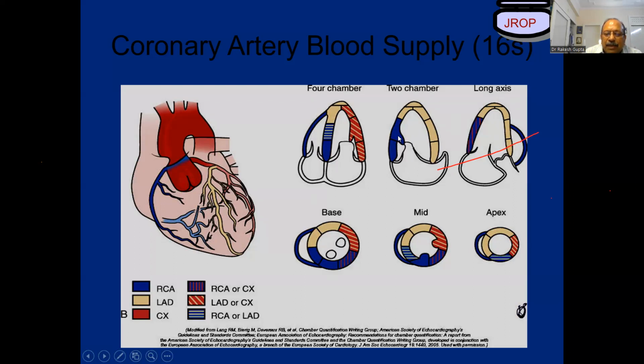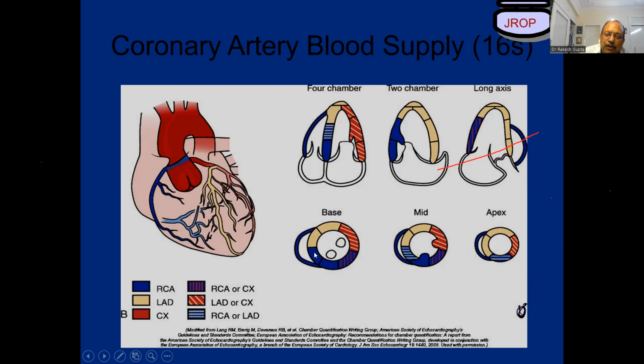Then basal inferior, basal posterior, basal anterior wall, and basal anterior septum.